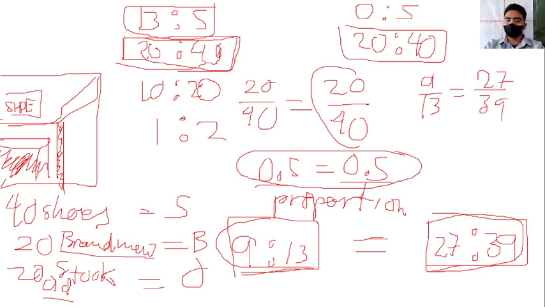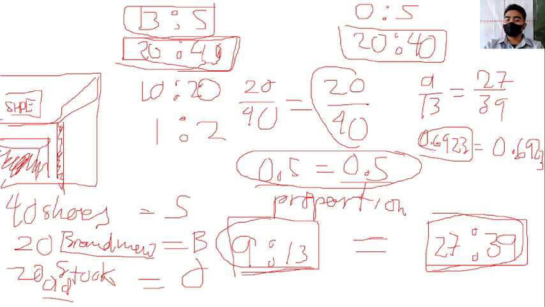Try it in your calculator. 9 divided by 13 is 0.69. How about 27 over 39? 27 divided by 39 is 0.6923, let's just say up to two decimal places, 0.69. Okay, so they are equal.